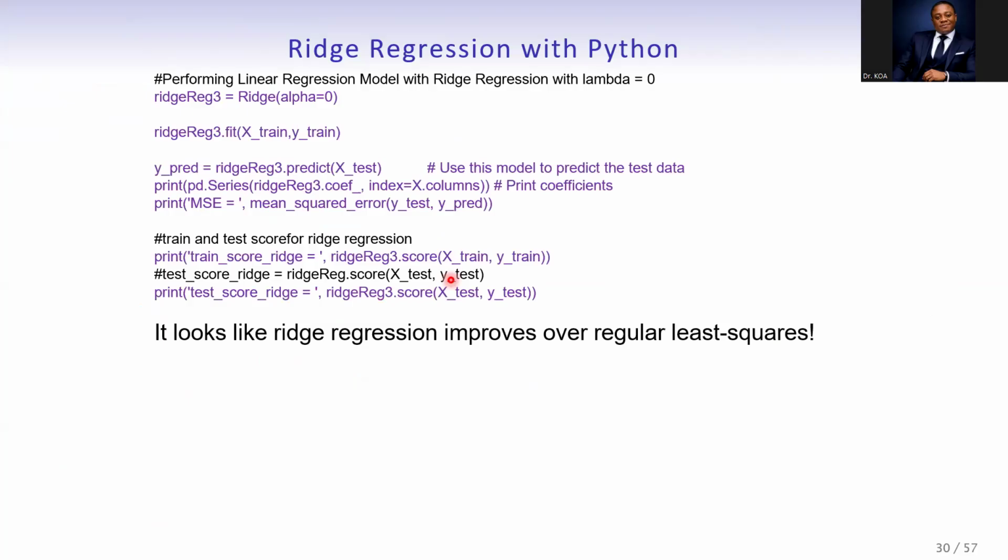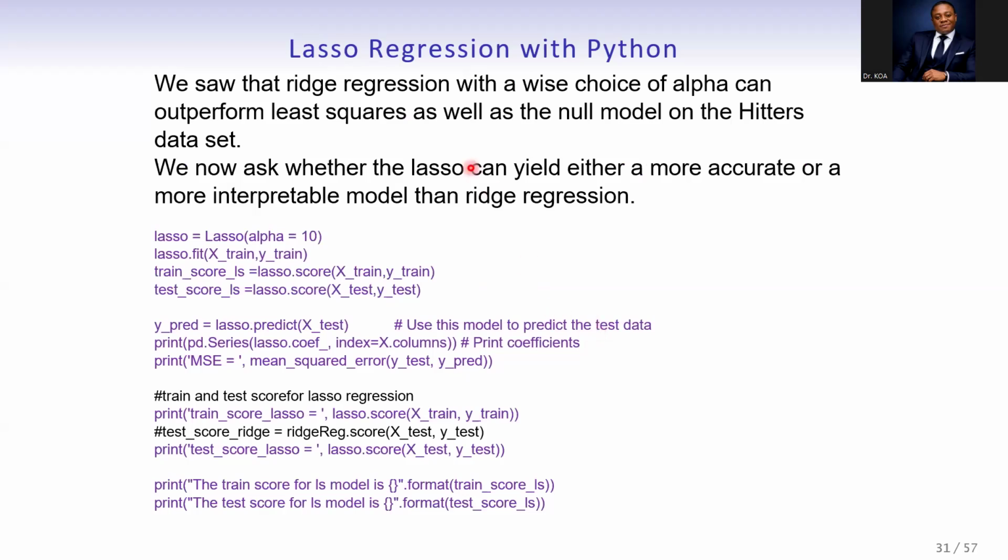So just as we said, it looks like the ridge regression improves over the regular least squares. Now the lasso. Before we begin, take note that we saw that ridge regression with a wise choice of alpha can do some great things, and you can see that we selected some particular alpha values.